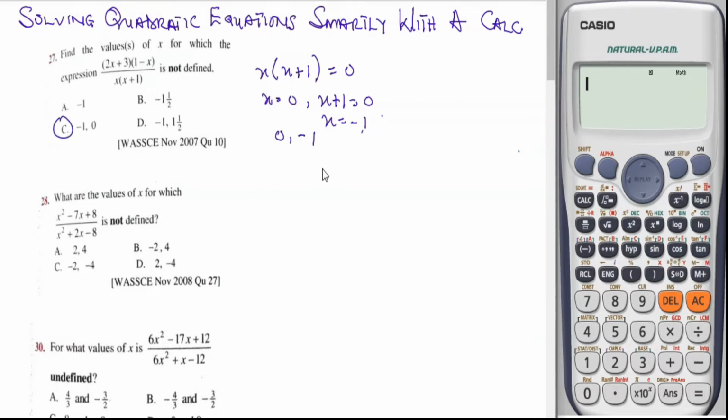Now, we could have also gone ahead to use the calculator, but before you can use the calculator to solve such a question, you must see to it that the quadratic equation given to you is written in a standard form. And the standard form is always in the form ax squared plus bx plus c equal to 0. So per our question, which is x into bracket x plus 1, when we equate it to 0, then there will be the need for us to expand, and then we have it as x squared plus x equal to 0.